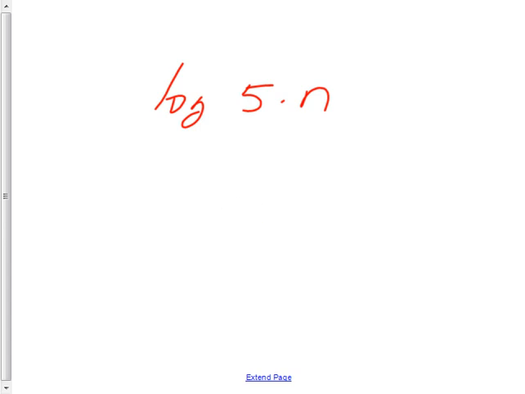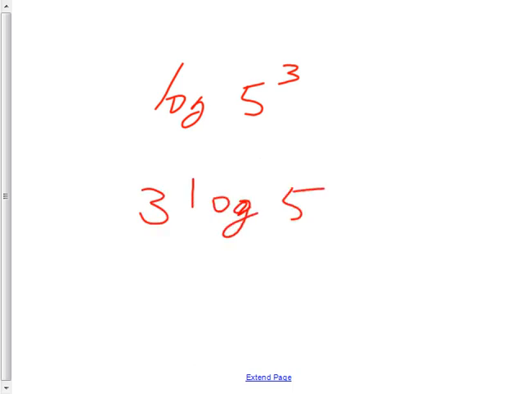What if log of 5 to the third? Give me something that's the same as. 3 log 5. Yep. Or log 5 plus log 5 plus log 5. All right.